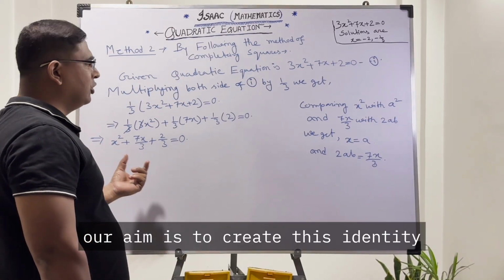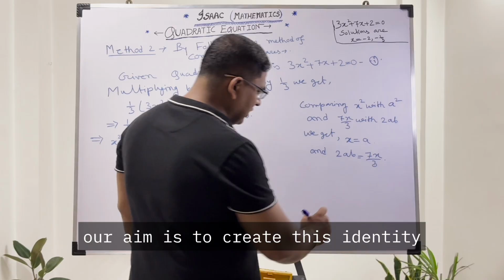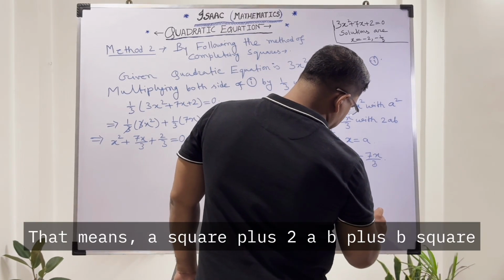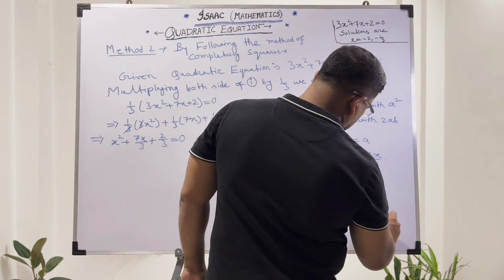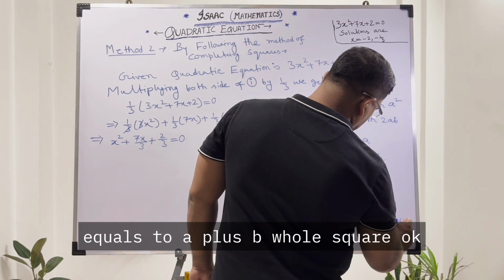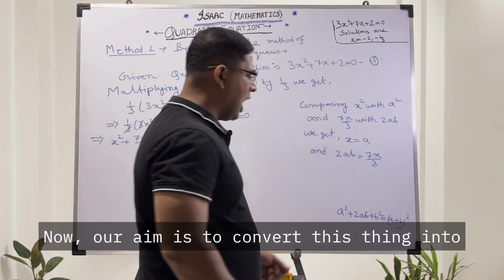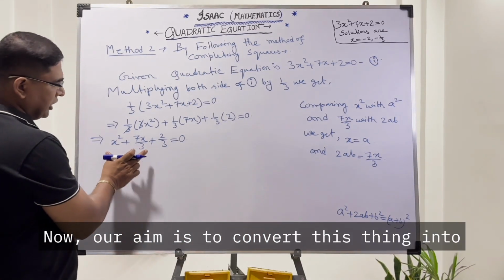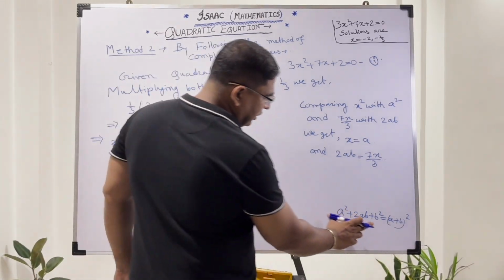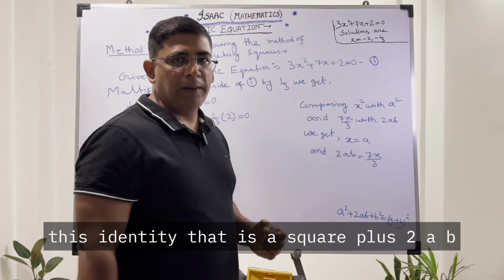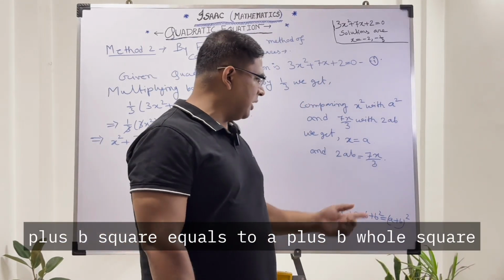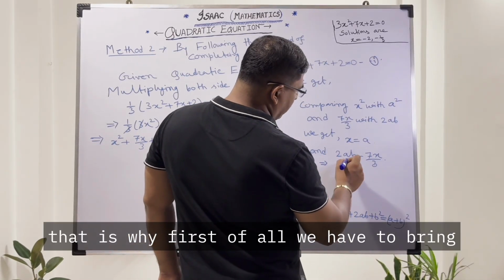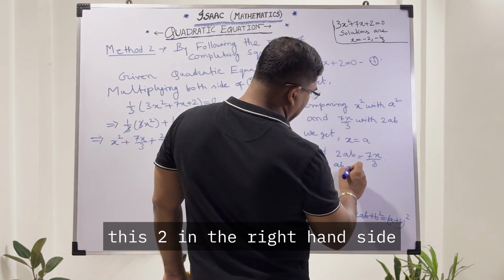Okay. Now, our aim is to create this identity. That means a square plus 2ab plus b square equals to a plus b whole square. Okay. Now, our aim is to convert this thing into this identity. That is why first of all we have to bring this 2 to the right hand side.